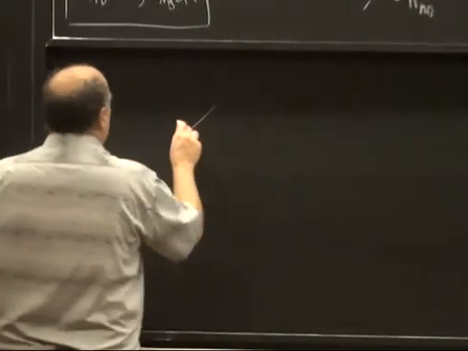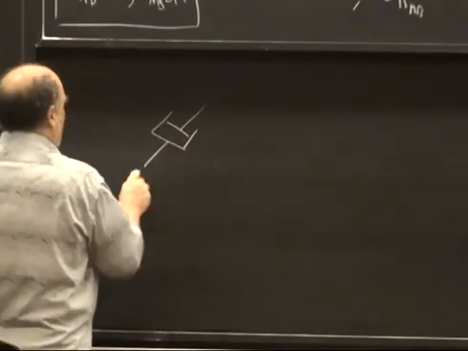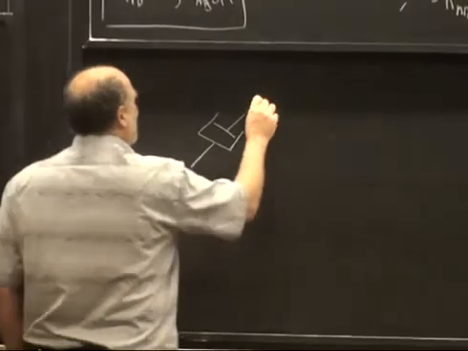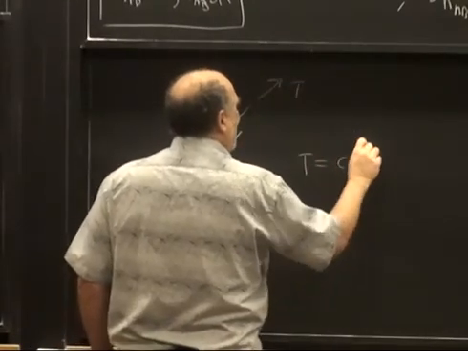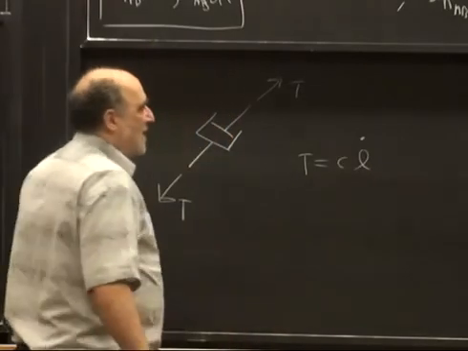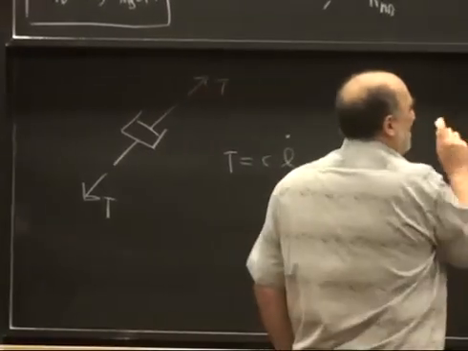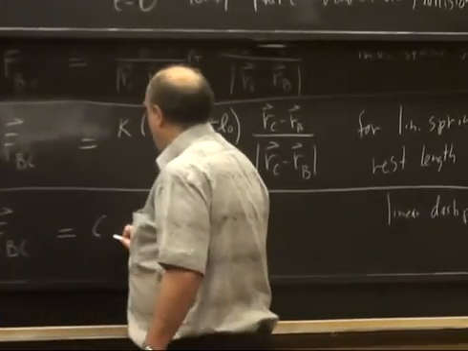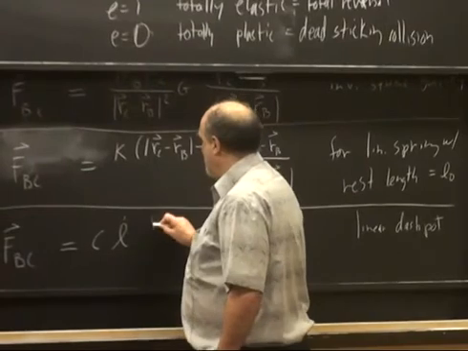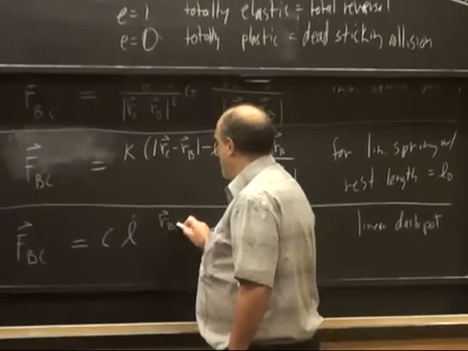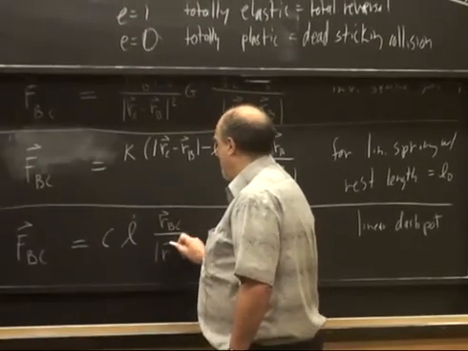So the issue is, can we find the tension in a dashpot? So we're trying to find the tension in this dashpot. What is the tension? It's C times L dot. So that tells us that our answer over there has to be C times L dot times the unit vector in the right direction, which is RBC, divided by the magnitude of RBC.